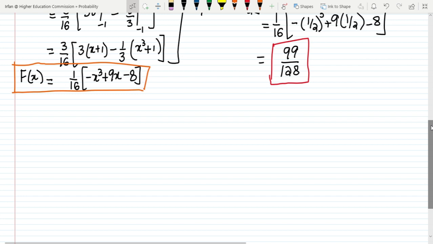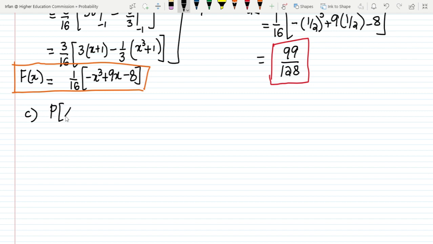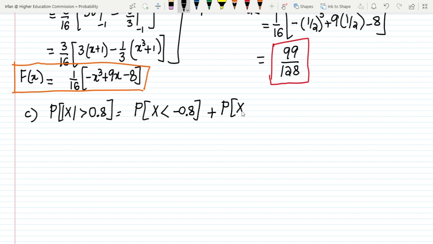This is part C of my question, and here I have to find the probability that the absolute value of x exceeds 0.8. This exceeding is basically the probability that x is less than minus 0.8, or the probability that x is greater than 0.8.